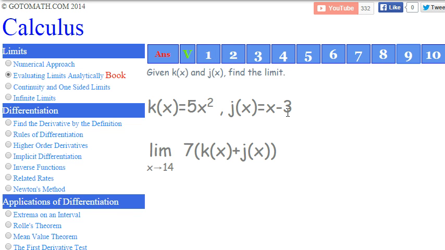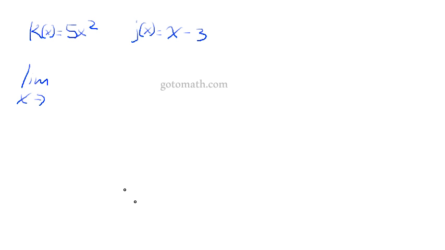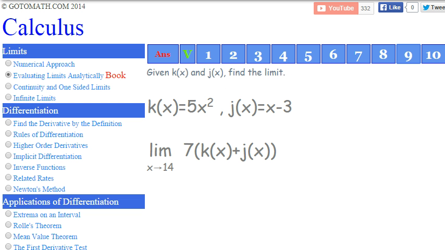So we have 5x squared and x minus 3. I better write that down. 5x squared and x minus 3. And it was k of x and j of x. We're taking the limit as x approaches 14.